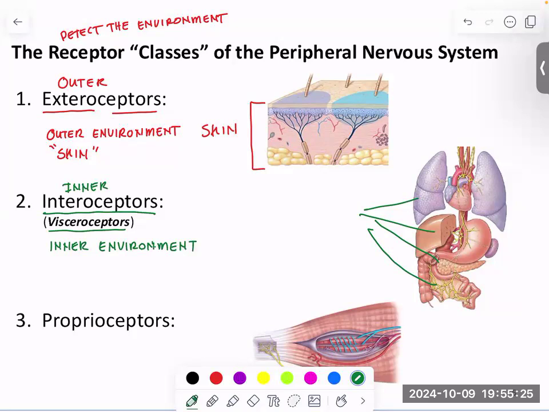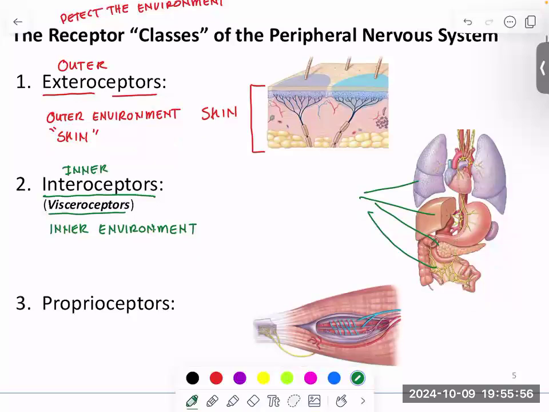That's an interoceptor detecting pain. Can I feel my heart beating? That's an interoceptor detecting the movement. Oh, I think I'm gonna have a stomach bug. That's an interoceptor detecting some stomach irritation, intestinal irritation, discomfort. Interoceptor.